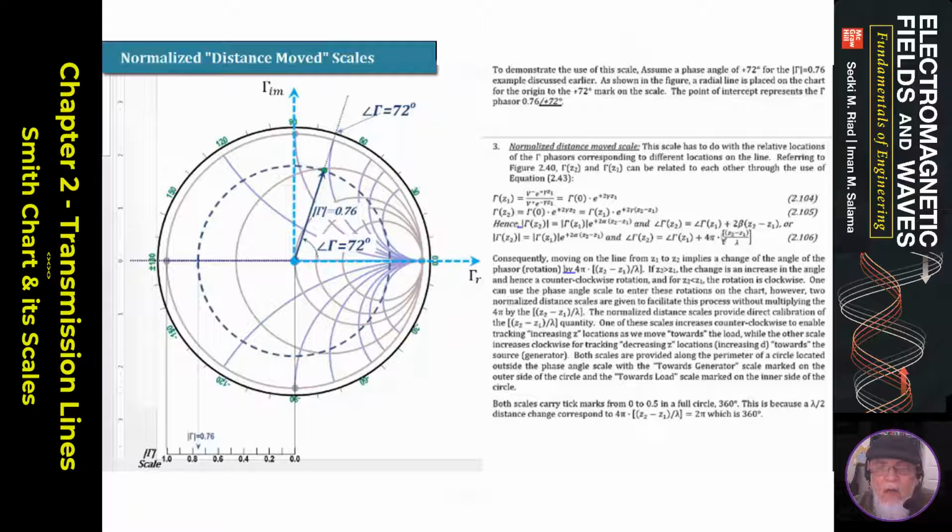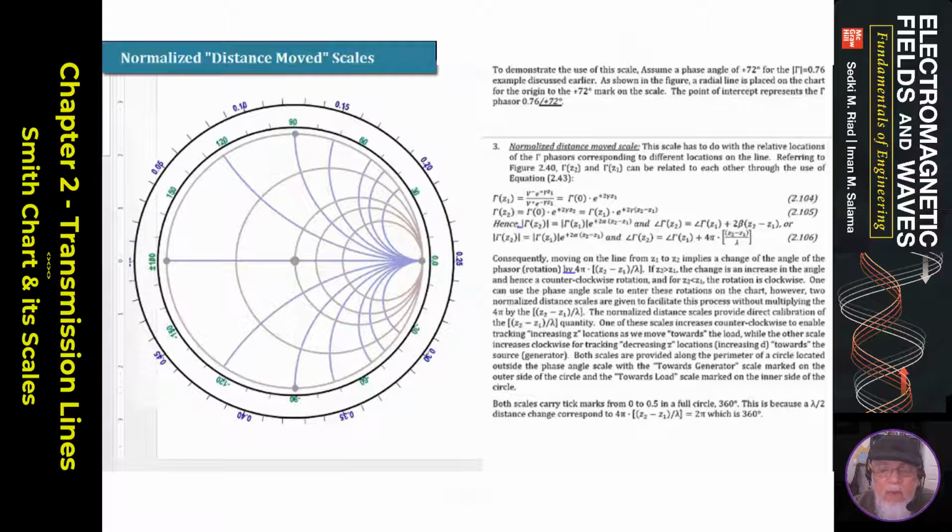However, I can also just use the delta Z over lambda and create a new scale based on this. And that's what we are talking about here, the normalized distance moved scale. Let's look at that scale and see if we can explain it and understand it. Here it is. This is the scale that we would call the distance moved over lambda.